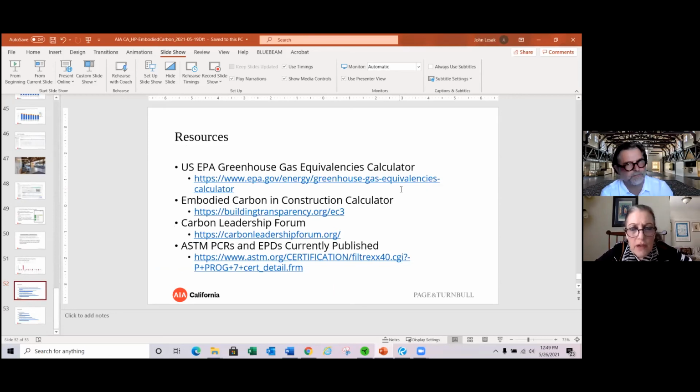So the second question from Cameron Duncan: do you find deconstruction to lessen the embodied carbon numbers when the building would otherwise be demolished? If so, any rules of thumb?